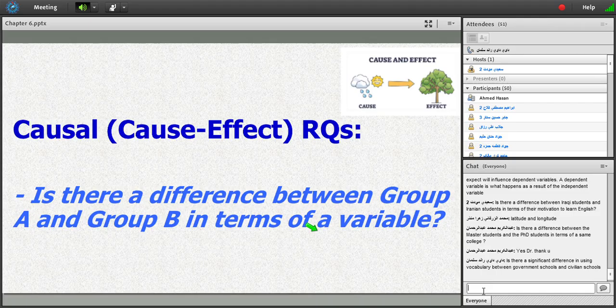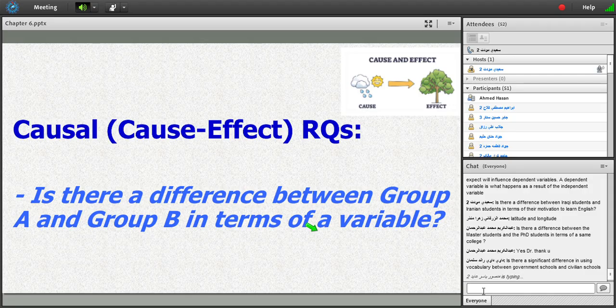I ask about the causal effect, cause and effect. Are they all descriptive, or some of them predictive? So causal is one type of quantitative research, okay? The research questions we have in quantitative are descriptive, causal, and predictive.